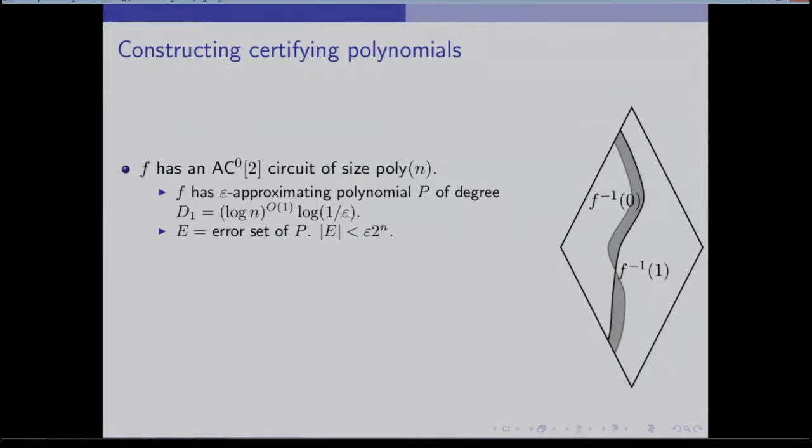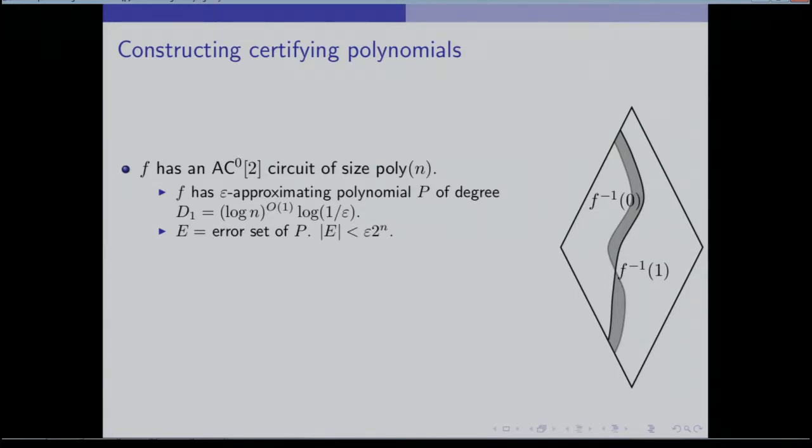Okay? So what's the idea behind this? More formally, you start with an epsilon-approximating Razborov type polynomial approximation of really low degree. So these are really low degree polynomials, but they can err on both sides. So they can err here, they can err here. Let's take the error set of this polynomial, this shaded region, and the error set is guaranteed to be a small subset of the hypercube, something like epsilon times 2 to the n.